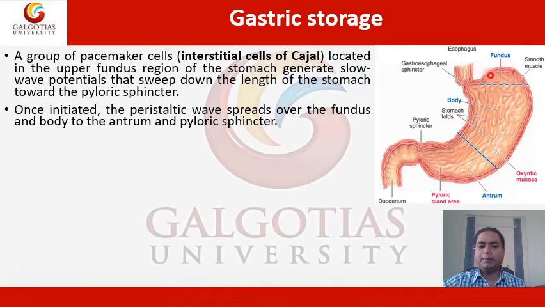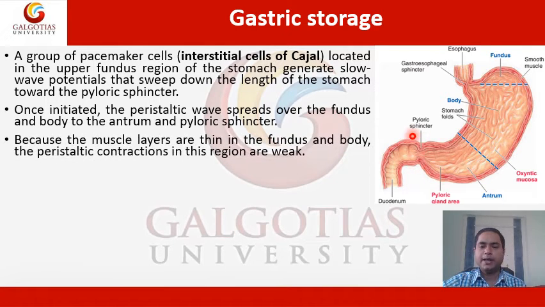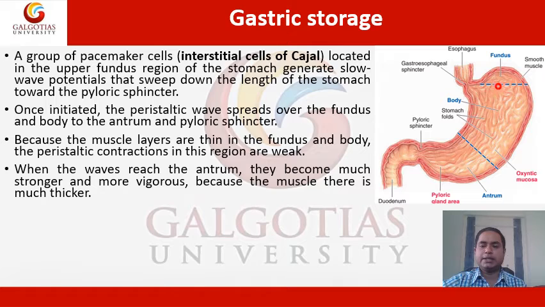This slow wave potential sweeps down the length of the stomach toward the pyloric sphincter. Once initiated, it spreads over the fundus and the body to the antrum and the pyloric sphincter. Because the muscle layers are thin in the fundus and the body area, the peristaltic contractions in this region are very weak.